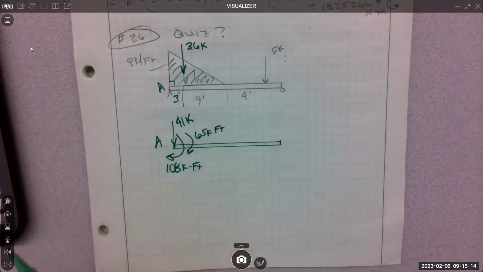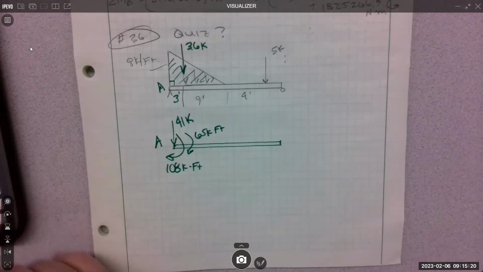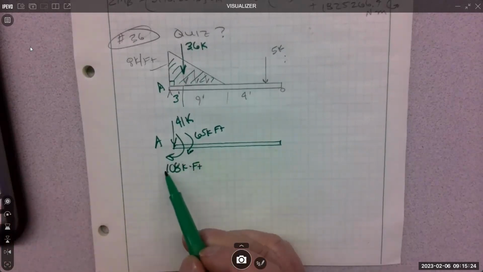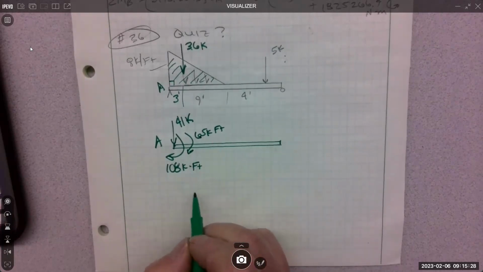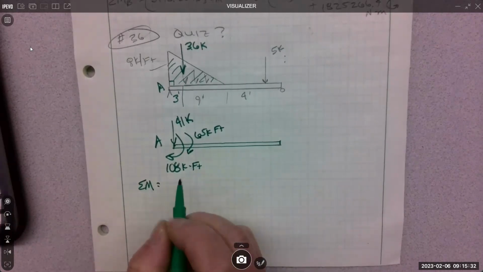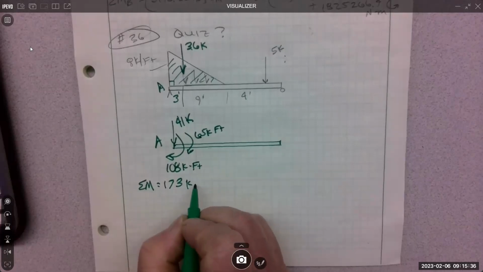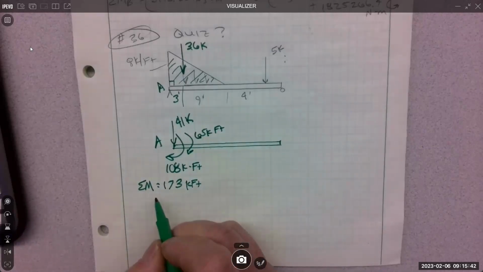And we bring the rotational effect. So our total moment is, these are additive, 108 plus 65. Total moment is 173 kip feet. Right? That's the sum of the moment at A.